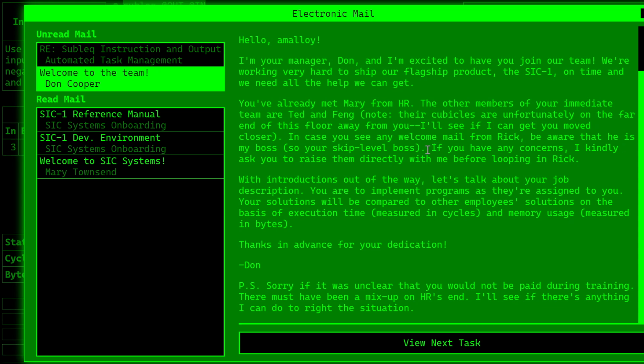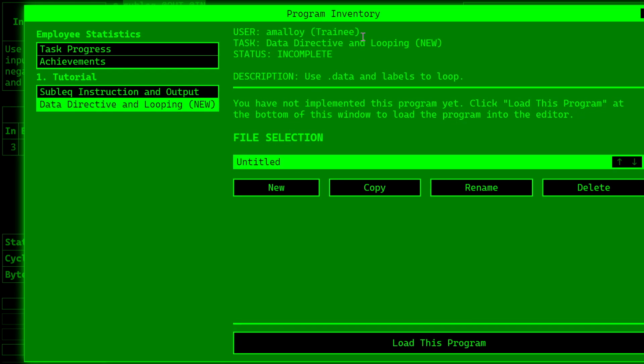Of course I should raise things with my manager before looping in Rick unless I'm worried about my manager. I've implemented programs, yes. Sorry if I was unclear that you would not be paid during training. I quit. r/antiwork, here I come. Alright. Can I delete this? I don't know, next task, whatever.